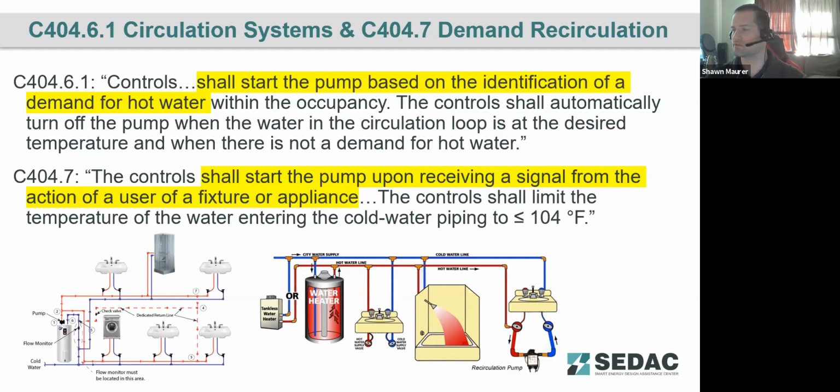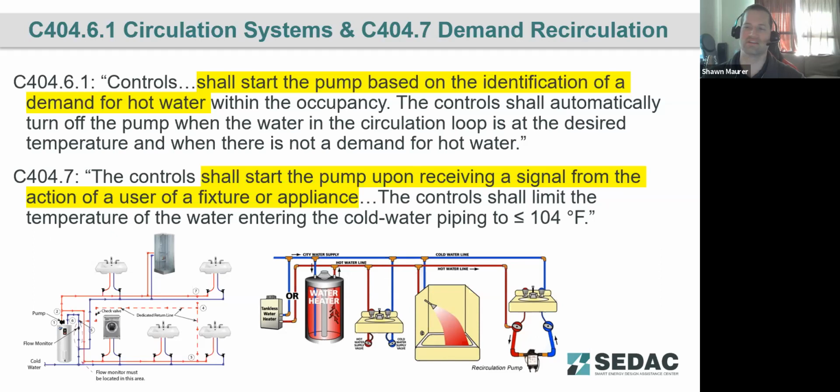C404.6.1 denotes the control requirements for a circulation system, and C407.7 is for a demand recirculation system. But both of these have a demand component where the pump doesn't start until there's an identification of demand for hot water within the occupancy. For a circulation system, this is usually a flow valve on the cold water inlet to your hot water tank. As hot water gets drawn out for use at a site, cold water starts to flow in.